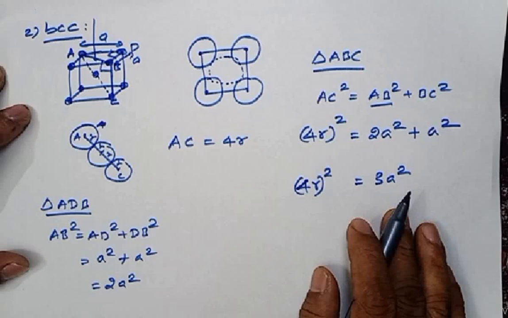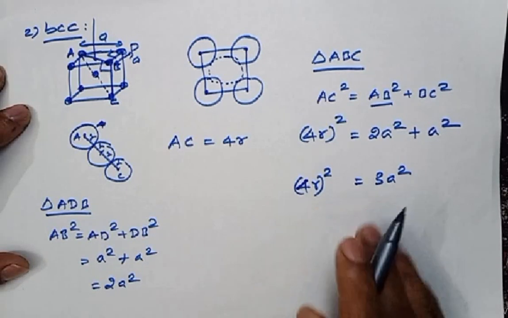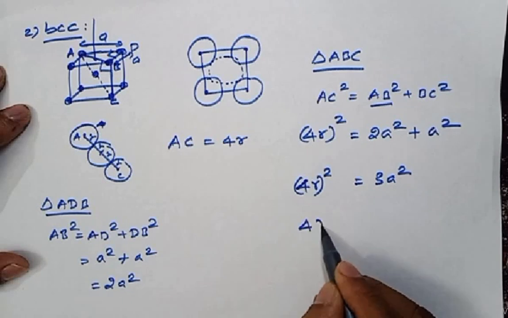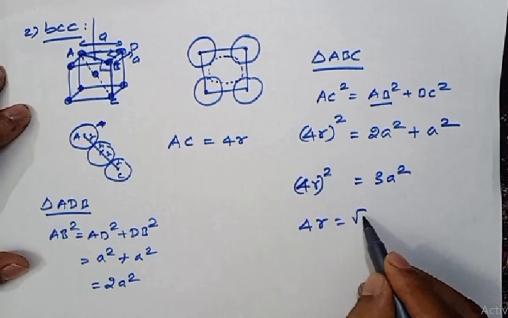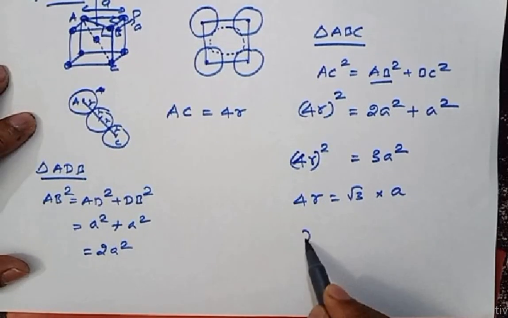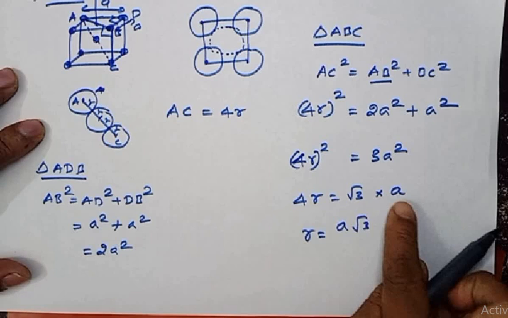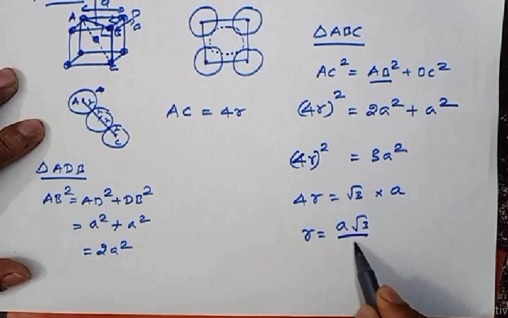If we take the square root, we get 4R equal to root 3 into a, or R is equal to a into root 3 by 4.